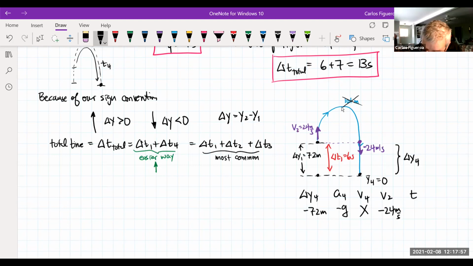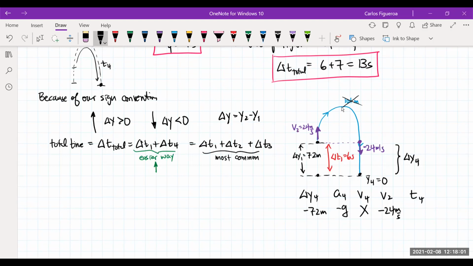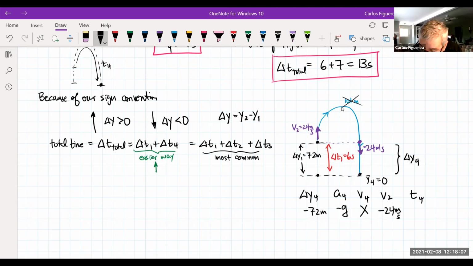I could have gone and solved for that problem right there. And you know what you would have gotten? You would have gotten 7 seconds again. So the fact is, all we care about is the height change. We only care about the endpoints. And that's why we get that same type of thing.